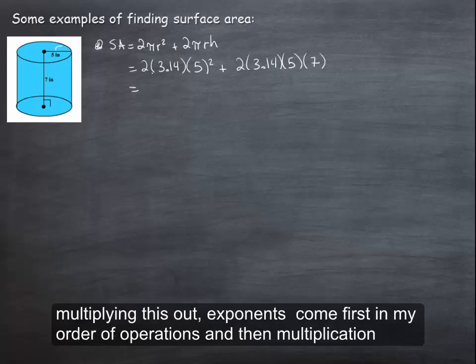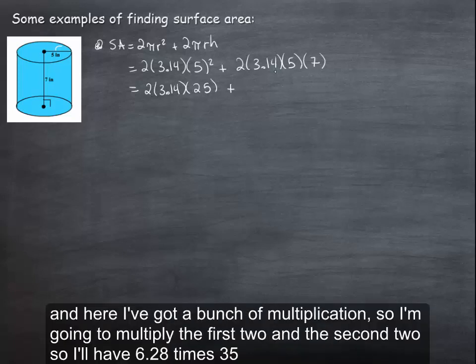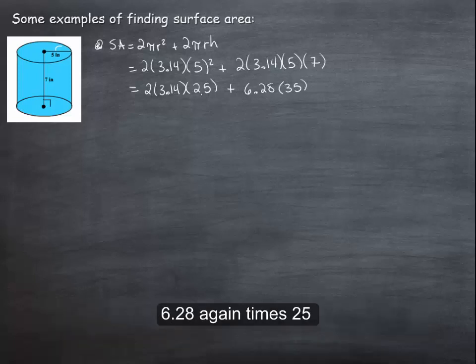Okay, multiplying this out. Exponents come first in my order of operations and then multiplication. So I'll do 5 squared first. And here I've got a bunch of multiplications, so I'm going to multiply the first 2 and the second 2, so I'll have 6.28 times 25 plus 6.28 again times 35.